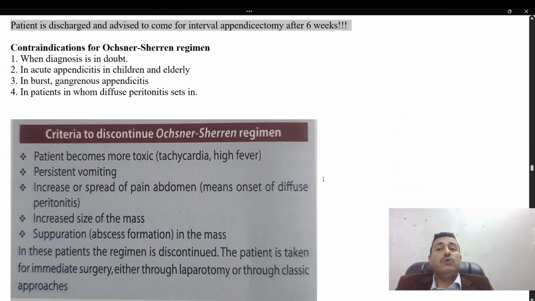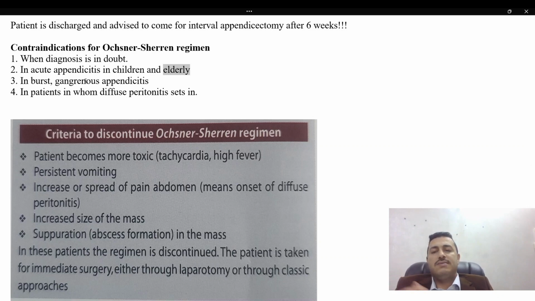Some contraindications to conservative treatment or the Ochsner-Sherren regimen, when we should stop our conservative management and proceed to surgical management: when we are not sure about our diagnosis, when the diagnosis is in doubt; in children and elderly; in gangrenous appendicitis; in patients with complicated generalized peritonitis, signs of sepsis, no way, proceed for appendectomy.